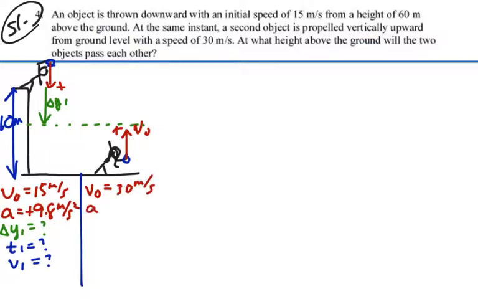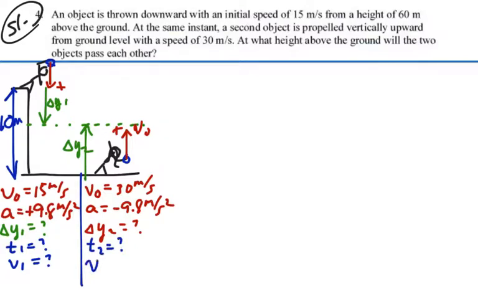But then our acceleration for this one is going to be a negative 9.8 meters per second squared. And our displacement, we don't know. It's going to be up like this. And we don't know our time. And we don't know our final velocity.